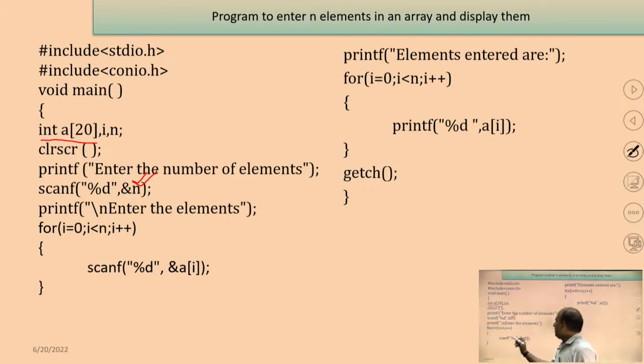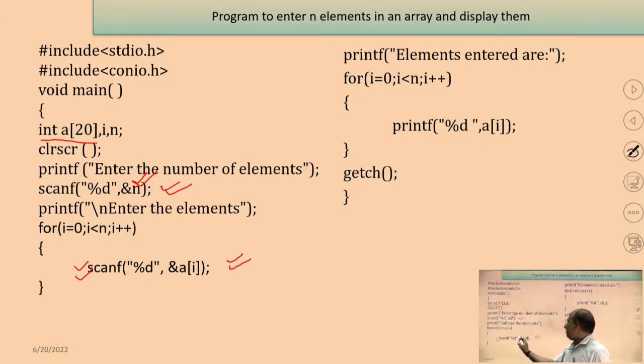To take n inputs we would have to write the scanf function n times, and the better approach is to write this scanf function inside the for loop, and this loop will start from 0 to less than n, because the array index always starts with 0.